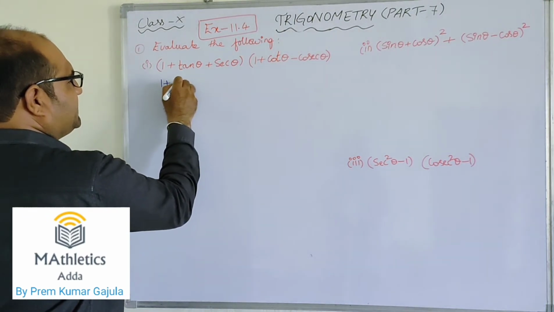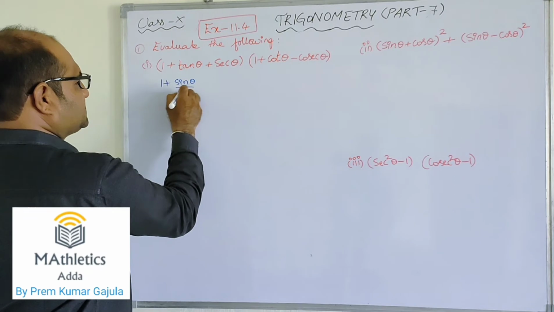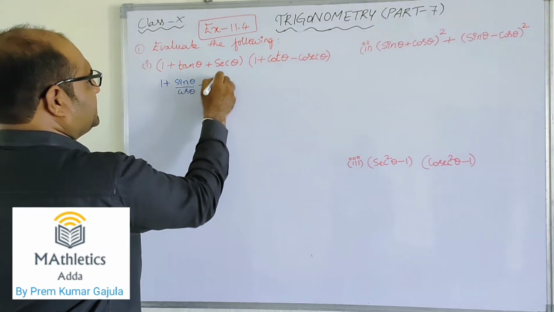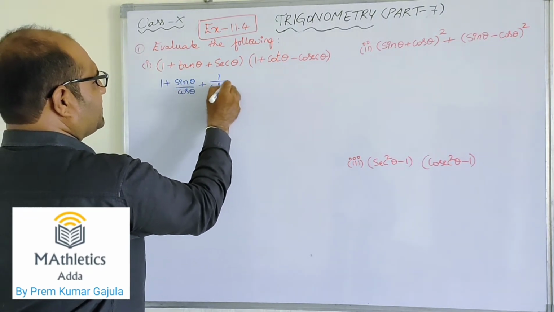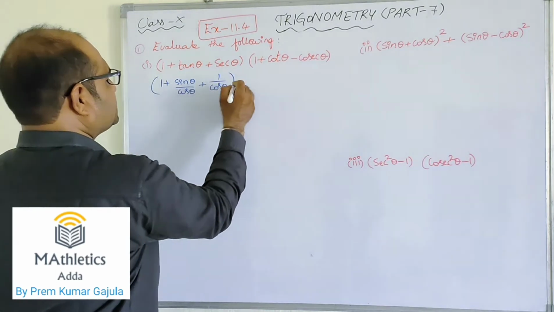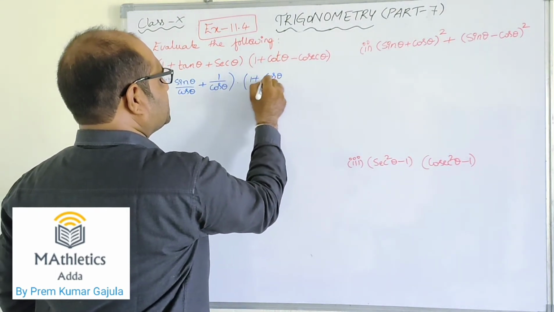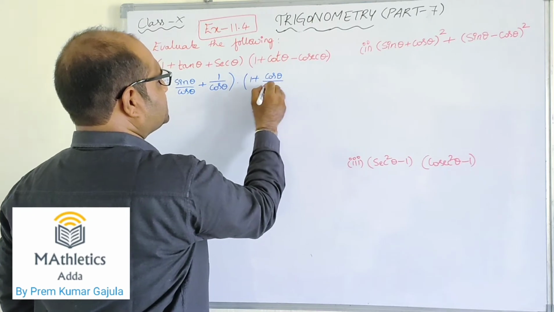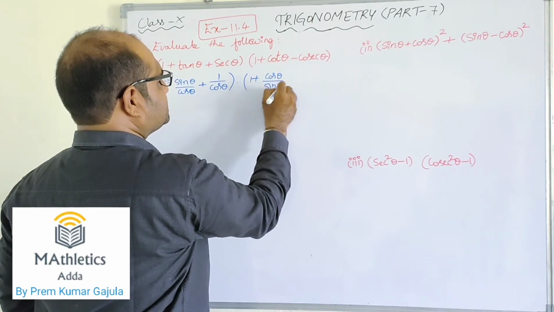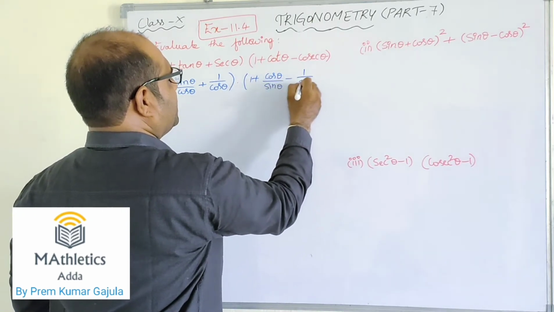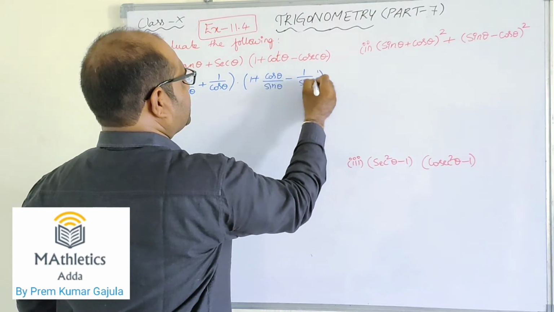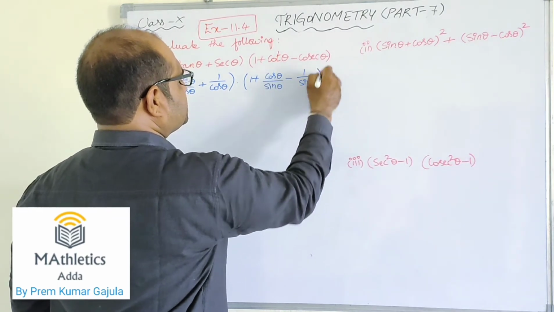Tan θ I am writing as sin θ by cos θ plus sec θ, we know that is the reciprocal of cos θ, so 1 by cos θ we can write, into 1 plus cot θ, cot θ is equal to cos θ by sin θ, minus 1 by sin θ we can write as cosec θ. Why? Because they are reciprocals.